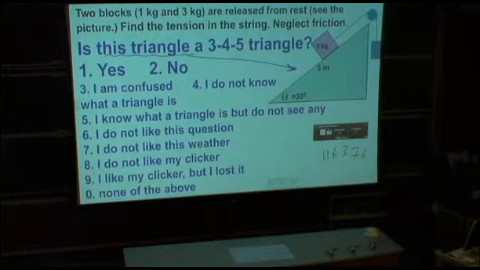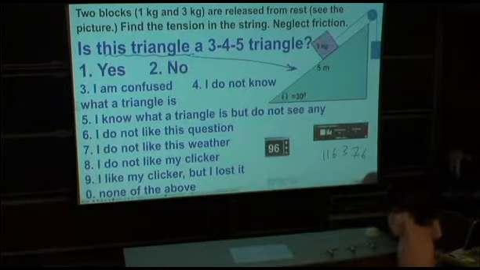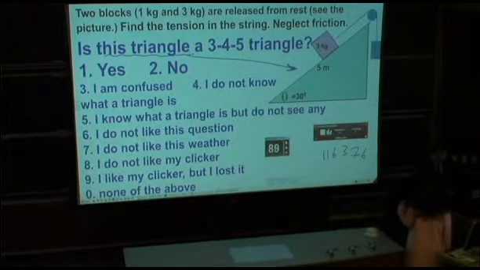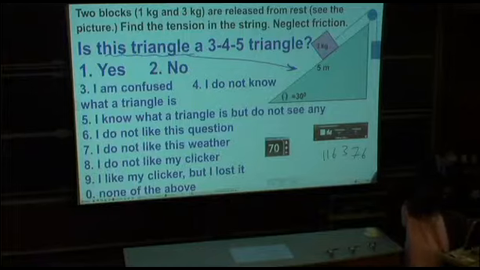By the way, oh no. All right, now it works.